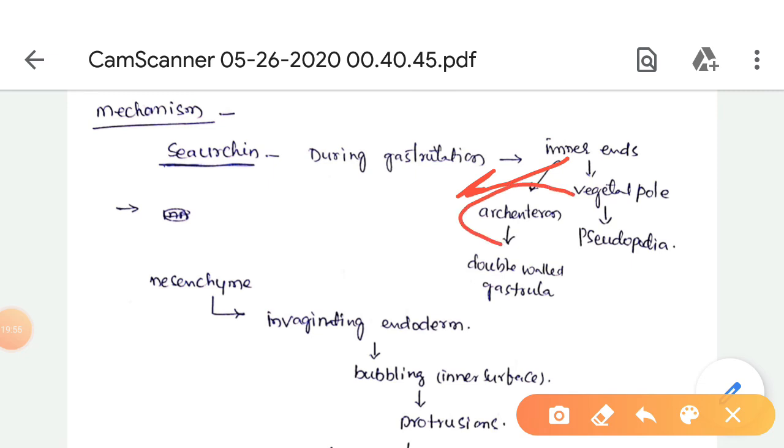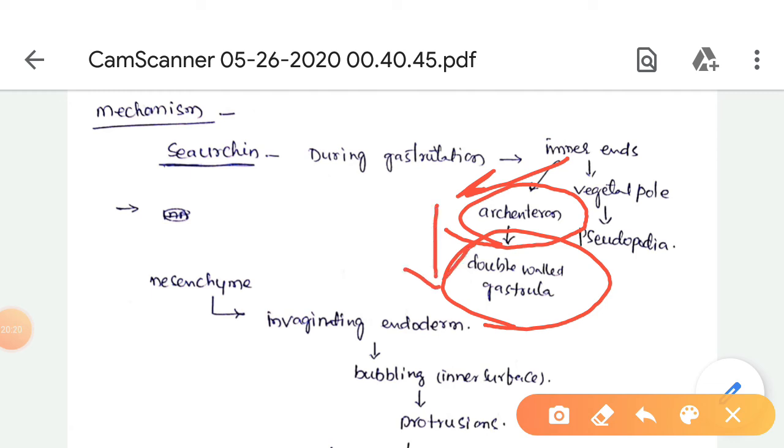This causes the formation of the archenteron. So all these cells enter into the inner side and form the archenteron. Due to the invagination going on, the blastula is gradually converted into a double-walled gastrula.